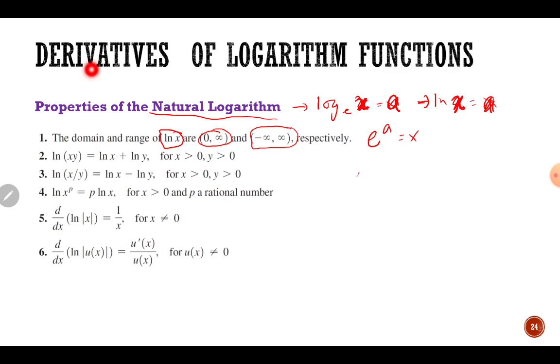Okay, let me introduce to you dia punya graph ya. Dia punya graph, this is kita punya x. So this is the graph for ln x. Okay. So dia punya domain untuk x ni dia kena any value which is more than 0.